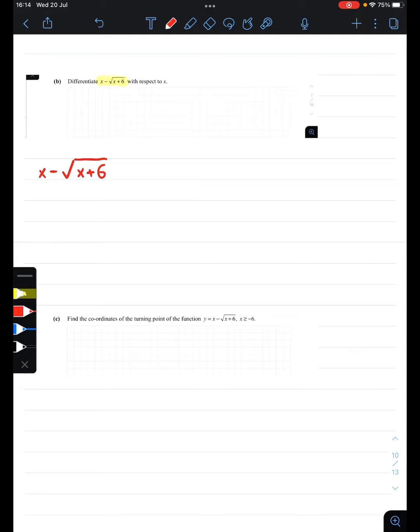Let's differentiate one thing at a time. Let's differentiate x, and that's just 1. So we get 1 minus.